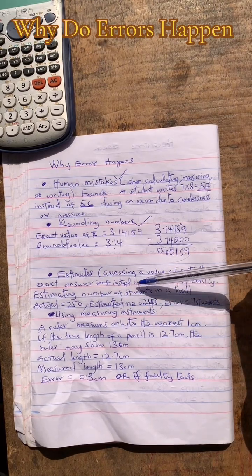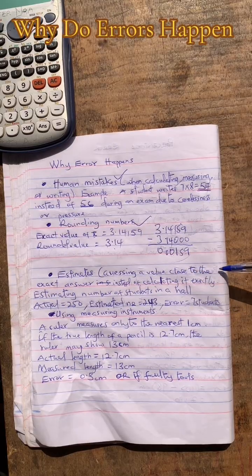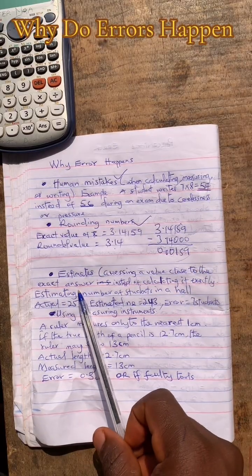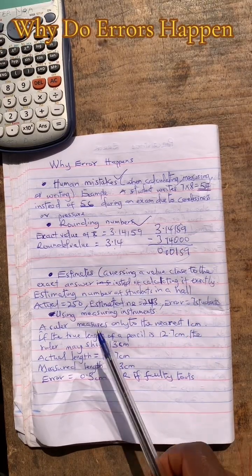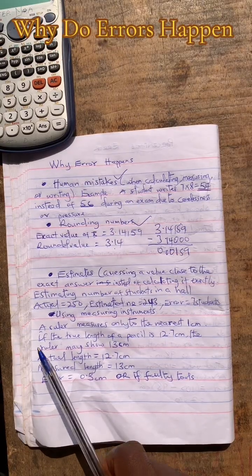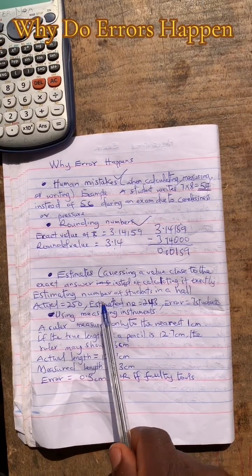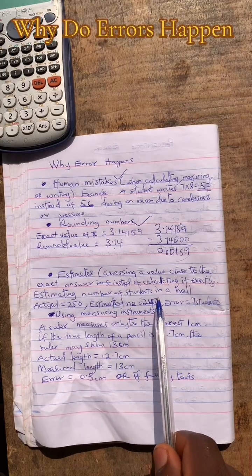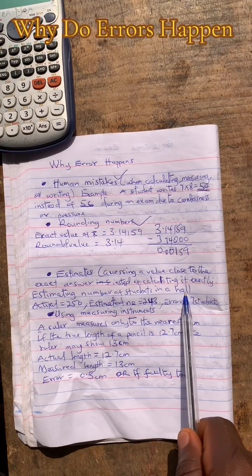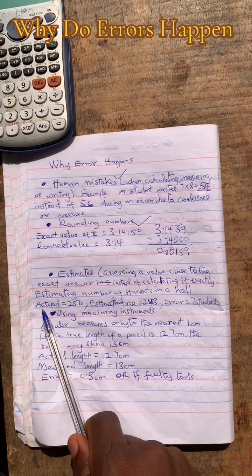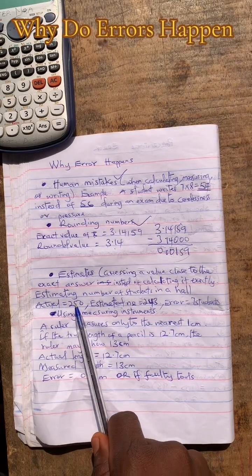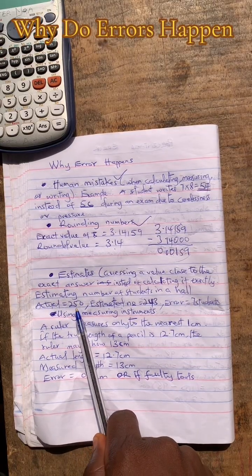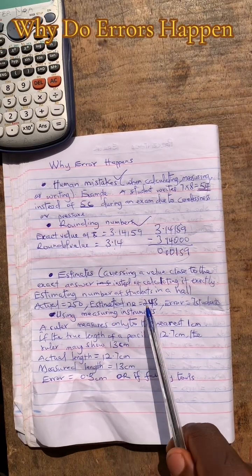Furthermore, estimates, as in guessing a value close to the exact answer instead of calculating it exactly, such as estimating the number of students in a hall. For example, the actual number is supposed to be 250, but the person might estimate it as 243.